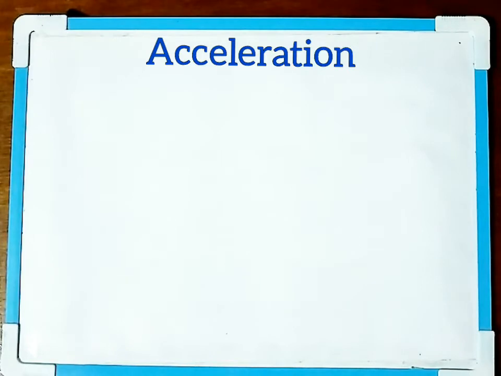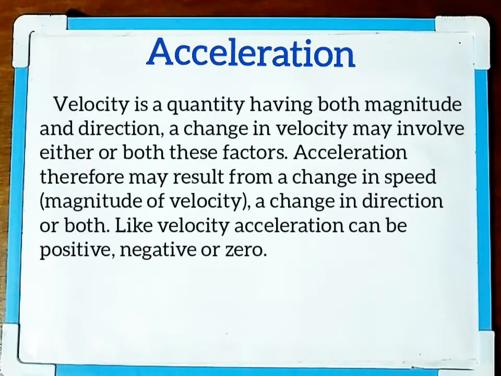Now we know that velocity is a vector quantity, which means that it has both magnitude and direction. So a change in velocity means that either the magnitude is changing, or the direction is changing, or both the magnitude and direction are changing.